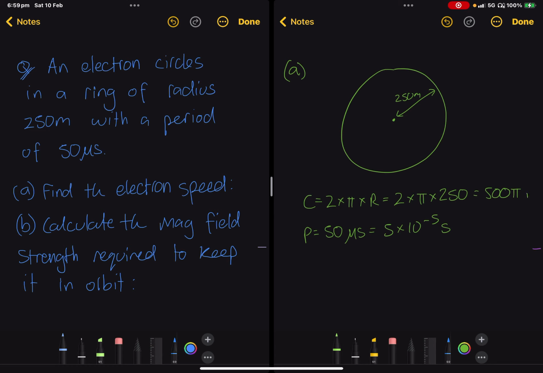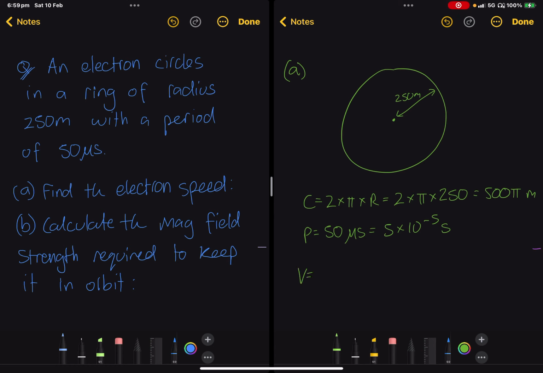So our circumference is in meters and our period is in seconds. We want a speed. That's simply going to be the circumference divided by the period. It's the total distance it travels in one loop divided by how long it takes. That will give us our electron speed, or our tangential velocity.